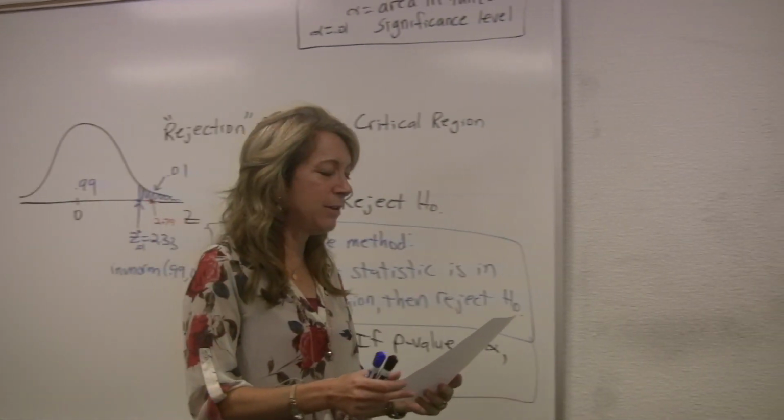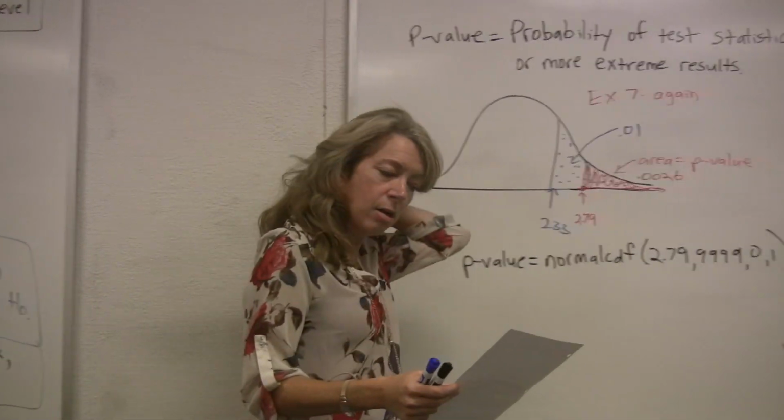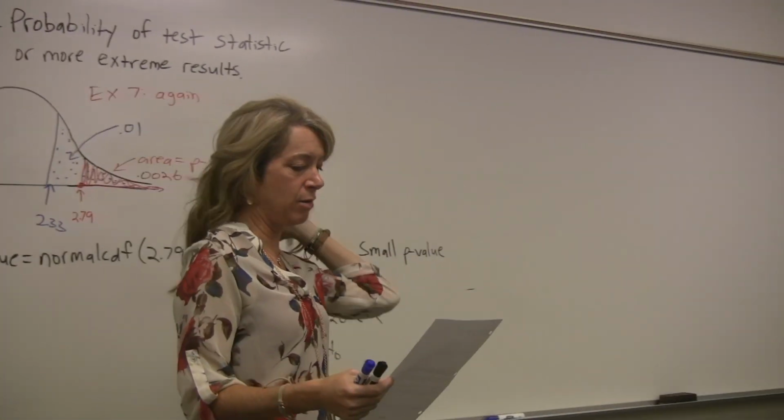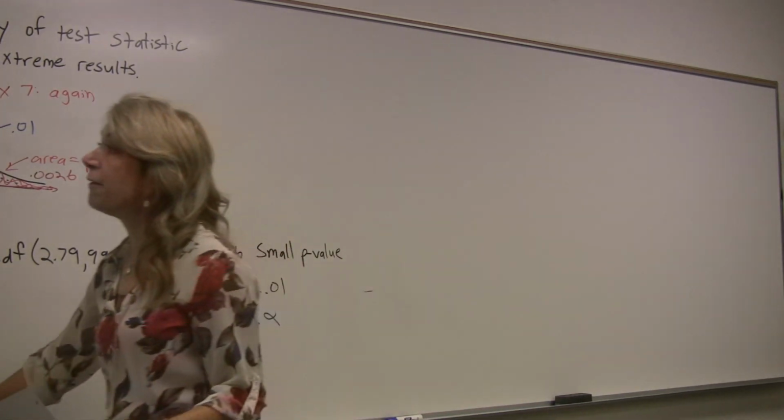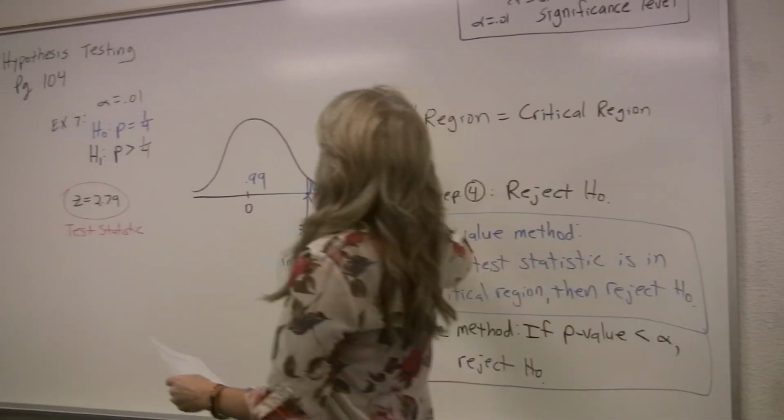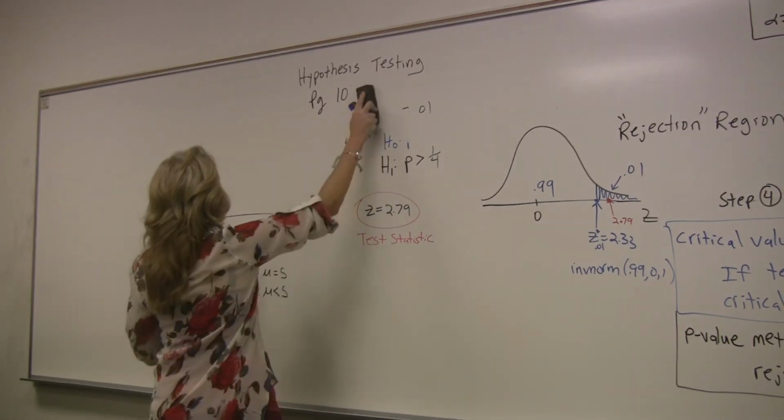Example 8 says we have a two-tailed test. Our test statistic is z equals 1.75. And we have an alpha of 0.05. So let's do example 8.